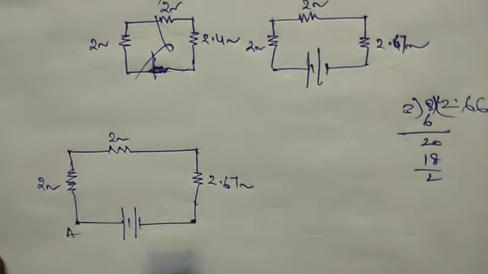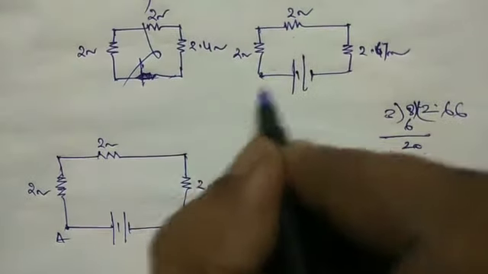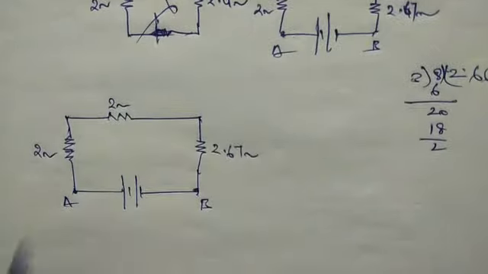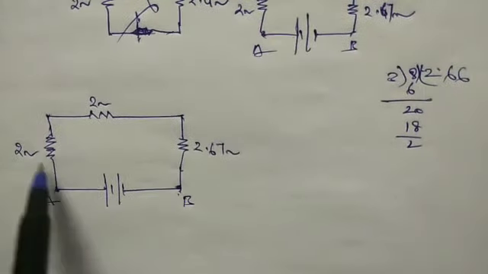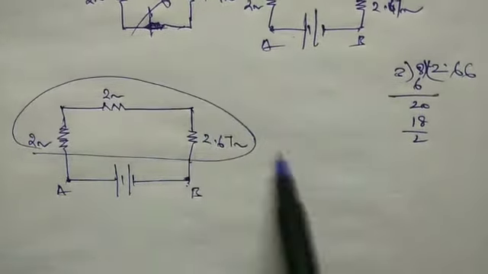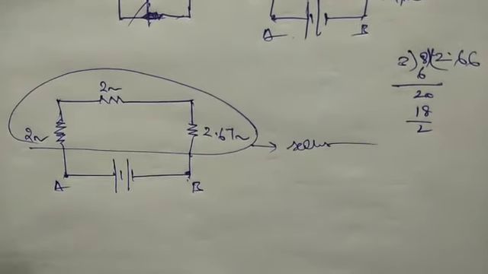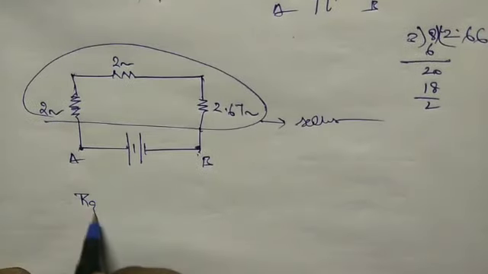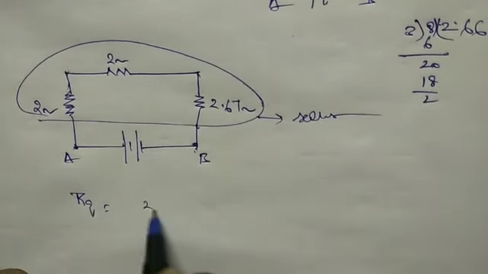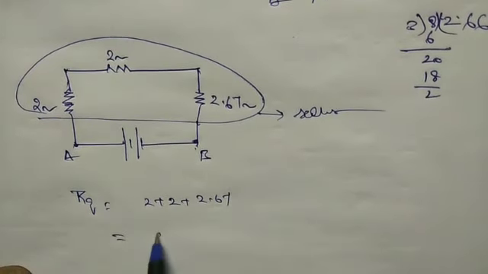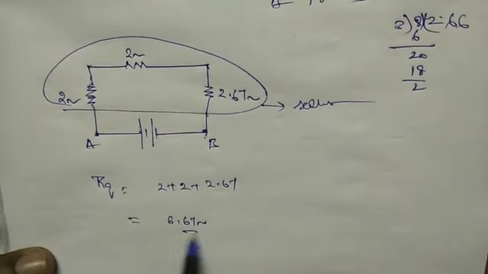So this is A and this is B. You can draw here also A and B. Now across AB, the equivalent resistance, these three are all in series. So R equivalent is equal to 2 plus 2 plus 2.67, that is equal to 6.67 ohms.